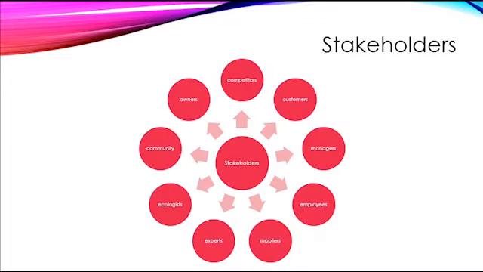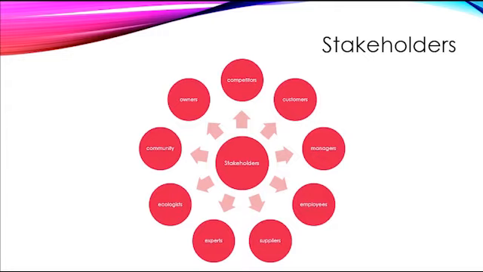Another reason why we need to think in context is in terms of stakeholders. In business, ideas are often evaluated in reference to a relatively small number of stakeholders. Many organizations only think about their customers and their investors, and maybe their competitors. But it's a very narrow range of stakeholders that they're taking into consideration.